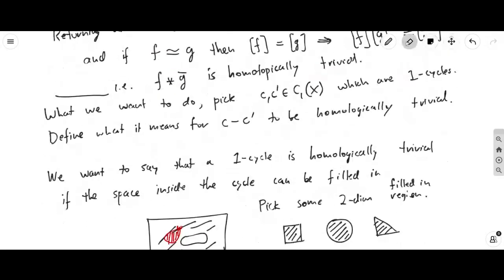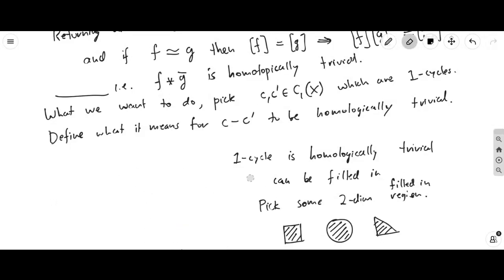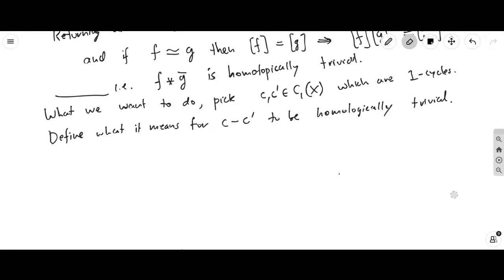So what does it mean to be homologically trivial? I'm not being precise here, but we will make this precise very soon. You would say that if their difference, so C minus C prime, can be obtained as the boundary around some triangle.